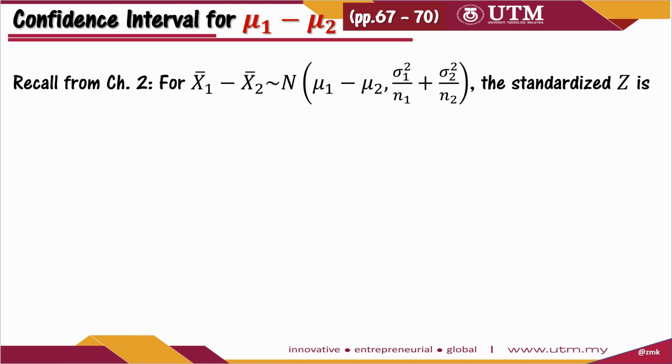The standardized random variable for X bar 1 minus X bar 2 is then given by the following expression.